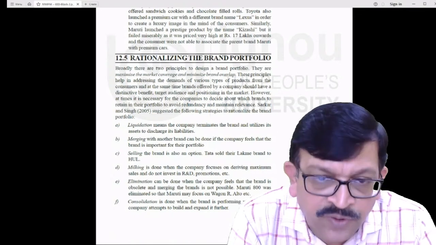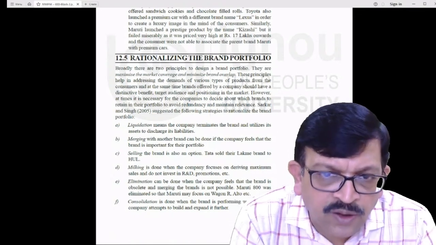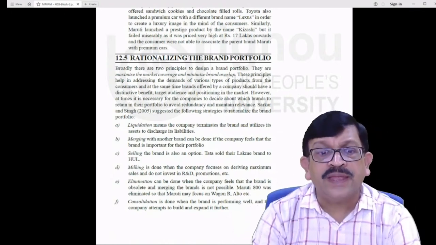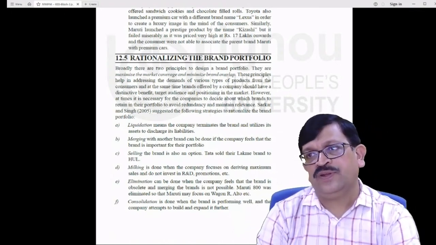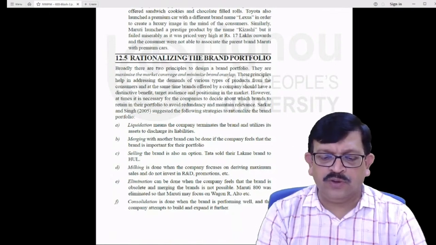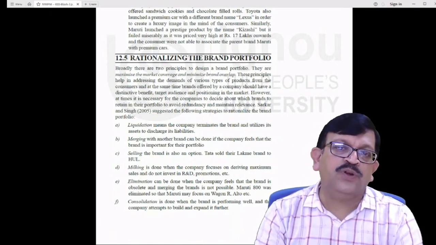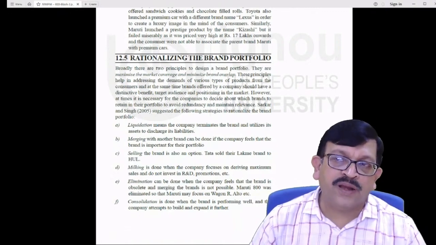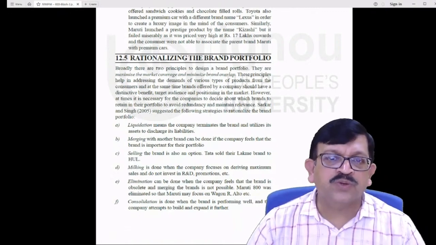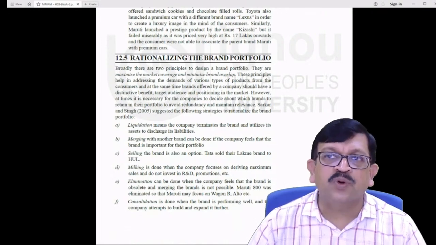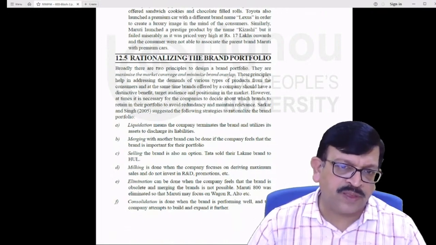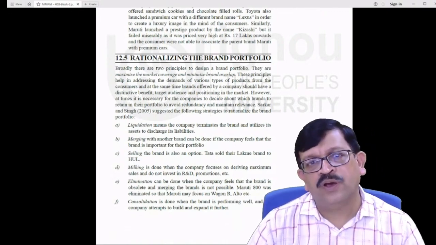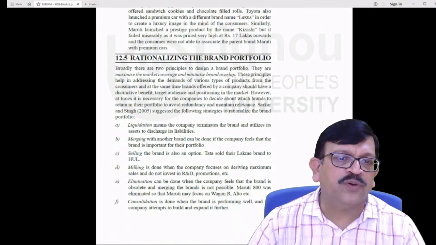If two brands are offered with very similar benefits in the marketplace, it can lead to cannibalization, which means that one would eat away the market of the other. When that happens, some of the brands do get affected, and it creates more confusion in the minds of people rather than clarity. That is not a very good way of handling the brand portfolio.